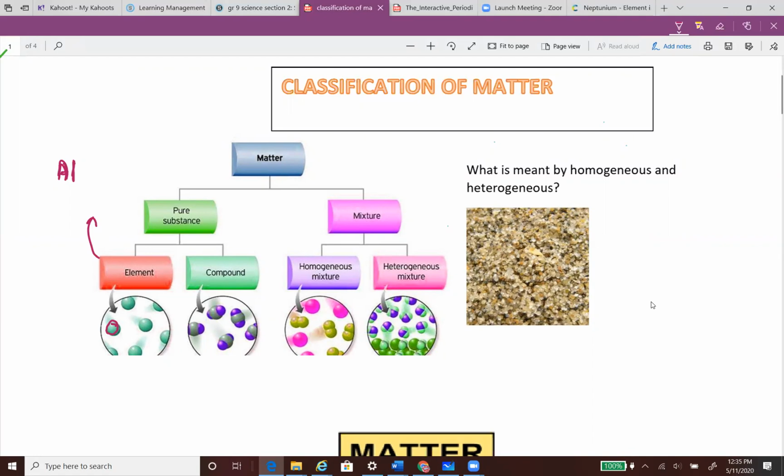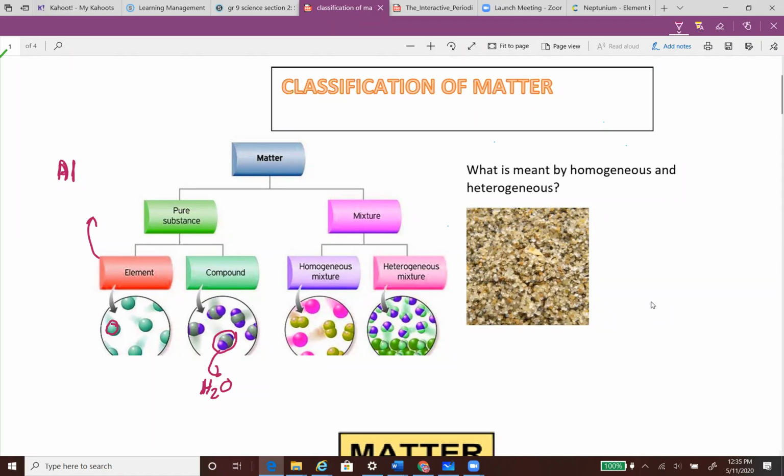A compound would have two types of atoms or more. So for example, I can see this one's actually got two, and so maybe this is water. I don't know if it's water. Let's just say it is water. So water would be made up of two things, right? Hydrogen and oxygen atoms.